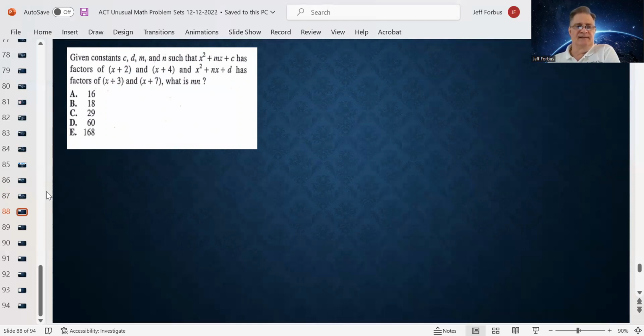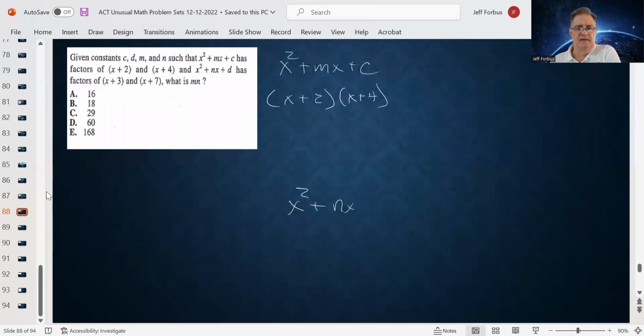Given constants C, D, M, and N, such that x squared plus mx plus c has factors of x plus 2 and x plus 4, and the other one is x squared plus nx plus d, and it has factors of x plus 3 and x plus 7.